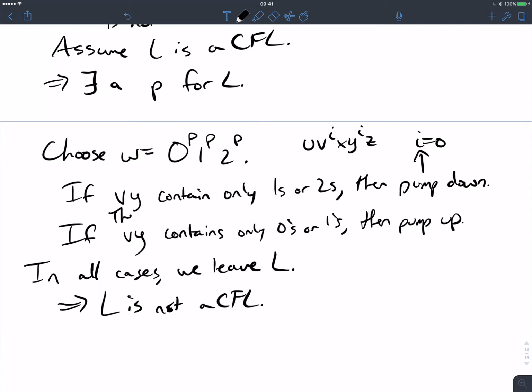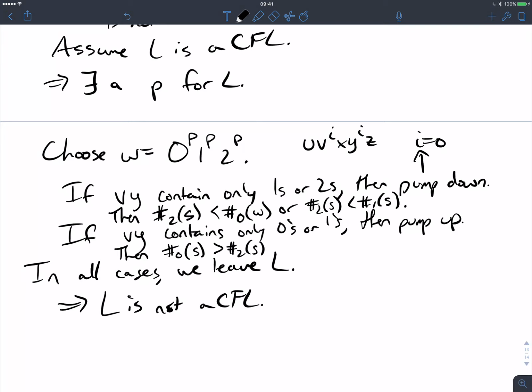So for this one, let's call the resulting string S. The number of twos in S is less than the number of zeros in S, or the number of twos in S is less than the number of ones in S. And then in the second one, the number of zeros in S is larger than the number of twos in S, or the number of ones in S is larger than the number of twos.